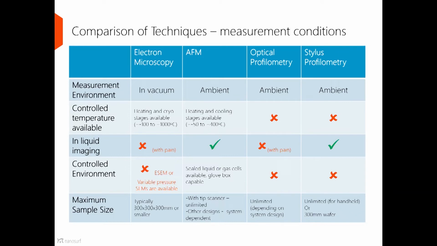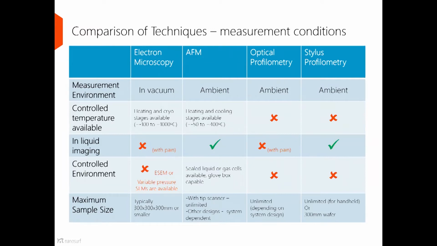Can each of these techniques image in liquid? Well, the answer is AFMs and stylus profilometers can relatively easily, and the other two can do it with pain. And again, that's talking about third-party accessories that might make things a little bit more cumbersome. It's not routine. And again, can we operate in a controlled environment? Can we operate in liquid? Can we operate in a gas cell?